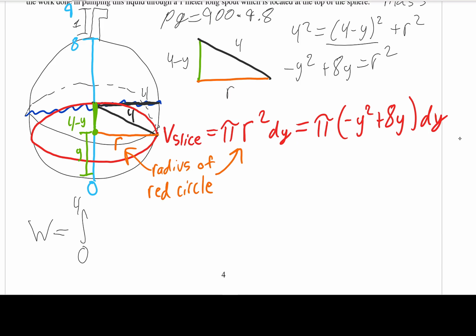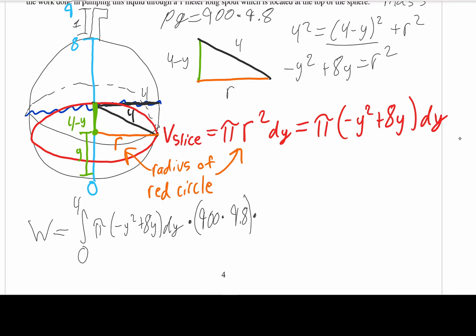So let's see, we'll have V slice, which is pi (negative y squared plus 8y) dy. And again, it doesn't matter what order I write these down in. We have weight density, so that's times 900 times 9.8, times, then the last thing we need is our distance.